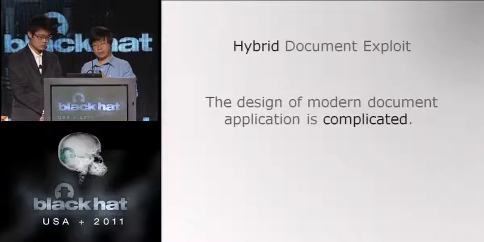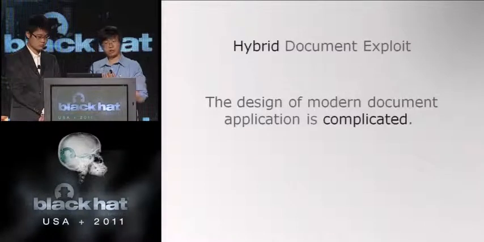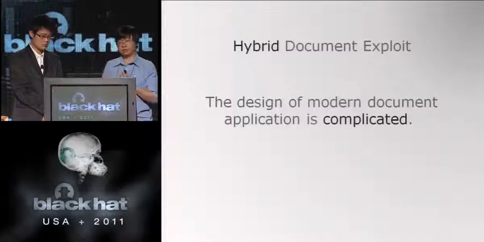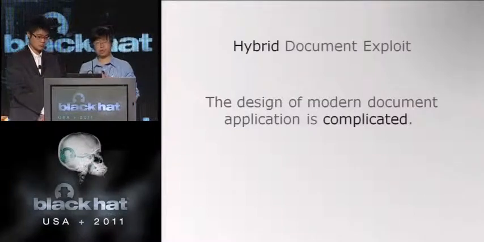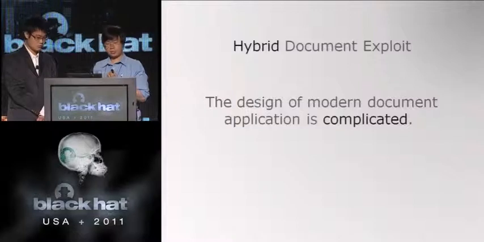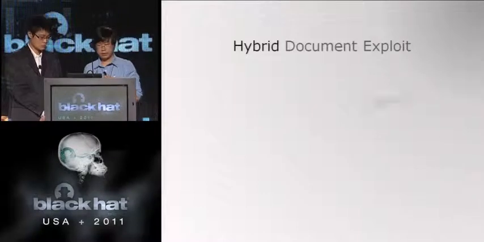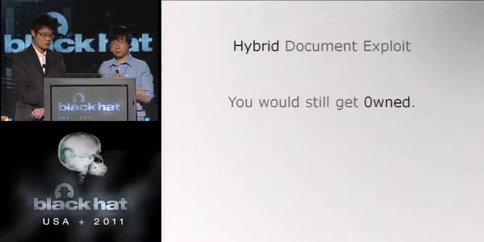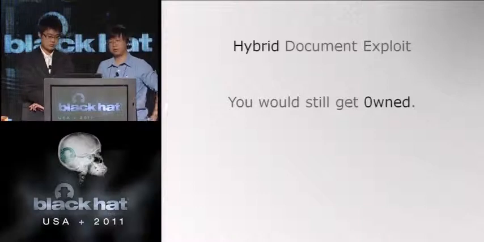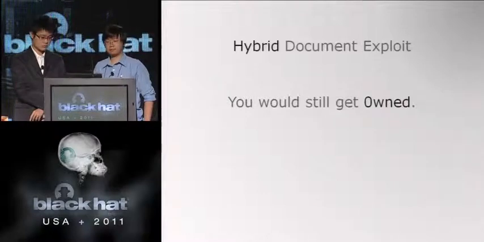So, for example, your Office is okay, up to date, and no problem. However, the Word document might embed a Flash object. The object could be an exploit, which is attacking a Flash vulnerability. So you will still get owned after you open the document.